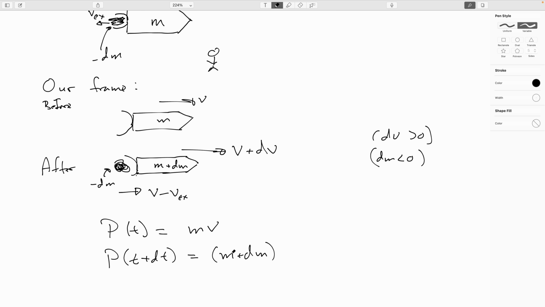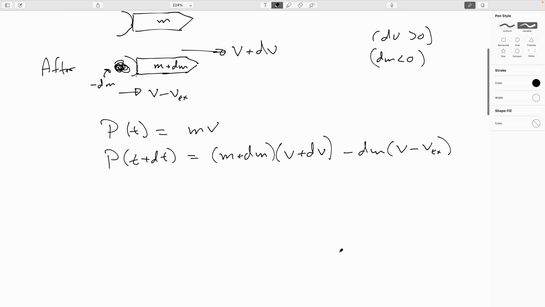Keep in mind that dm is really a negative thing because the mass of the rocket's going down. Times v plus dv. And then here we said that the mass of the exhaust is minus dm, and it's going forward at v minus v exhaust.